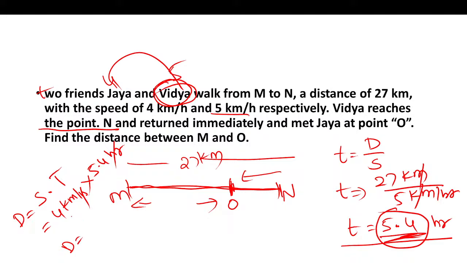Distance is equal to 4 into 5.4. 4 into 5 is 20, plus 4 into 0.4 is 1.6. Totally 21.6 kilometers.